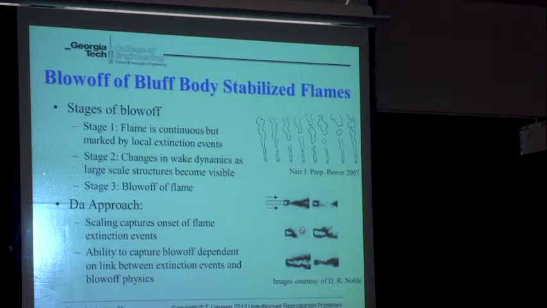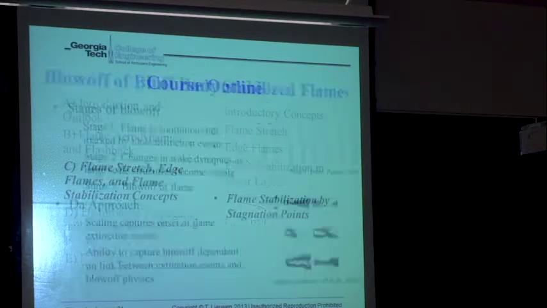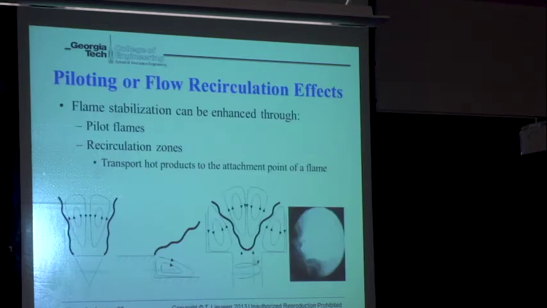So let me go back to my simple mental model that I'm saying isn't happening. A simple mental model would be the flame extinguishes here, then this part of the flame just goes poof and it's gone. But that's not what we see. We see this part of the flame hanging on, and we see extinction happening down here. In fact, as I get closer and closer to blow off, more and more of the flame is going to be extinguished downstream.